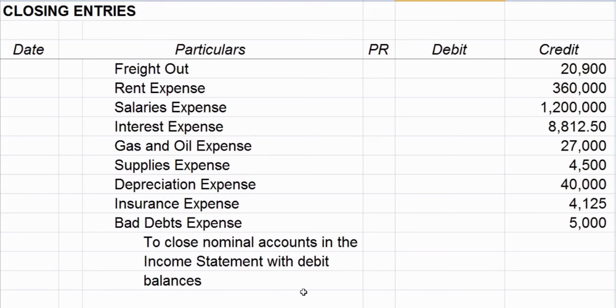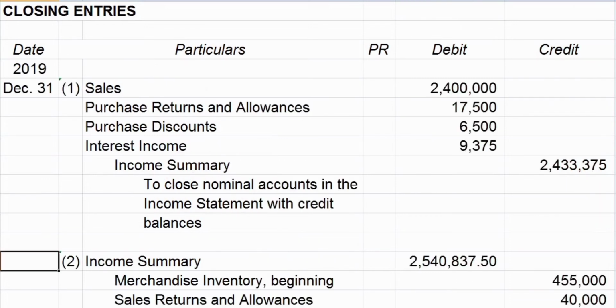And please notice that in writing an explanation for an entry in the journal, you may use 2 or more rows, just so your explanation will not occupy the PR or money columns. As for the date, since this second closing entry must also be made on December 31, it should not be written again because we already have that date up here for the first closing entry. You only need to write the same date again when you begin a new journal page.